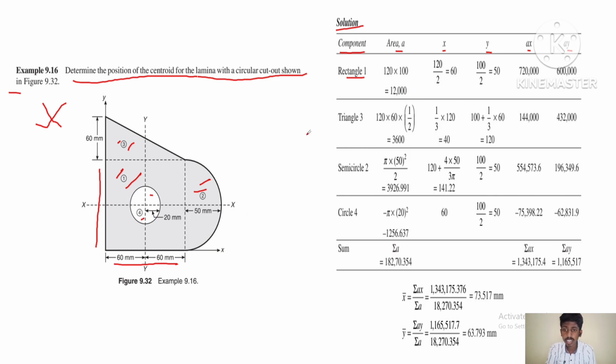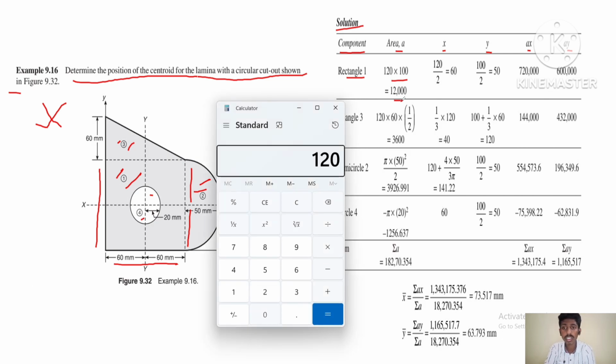Here it is given the radius of the semicircle. So 2 times radius makes a side of the rectangle, which is equal to 100. So 120 into 100. We can use a calculator. 120 into 100 is equal to 12,000.